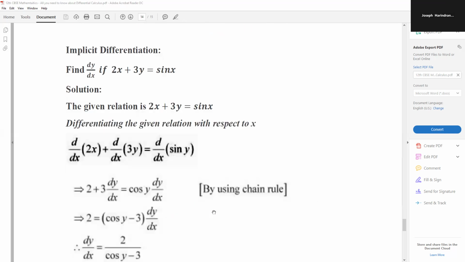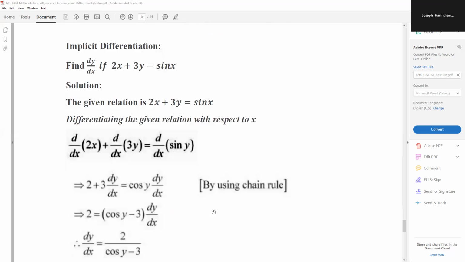Next, we move on to implicit differentiation. We have an example over here. Find dy by dx if 2x plus 3y is equal to sine y, which is an implicit function because x and y are involved in this expression. Even though we can express y in terms of x, it seems to be complicated.